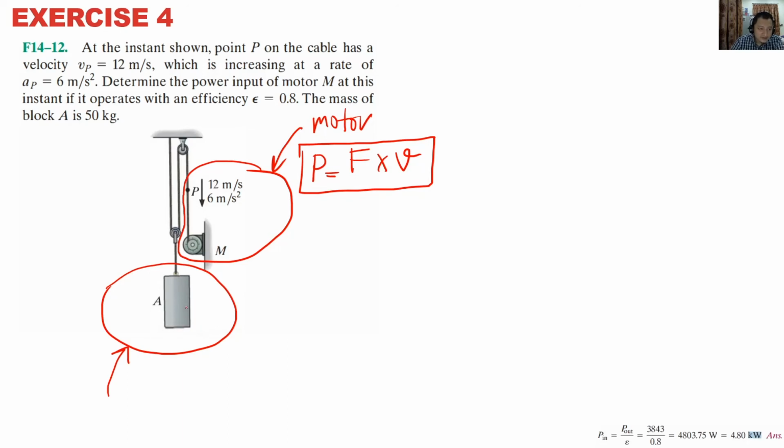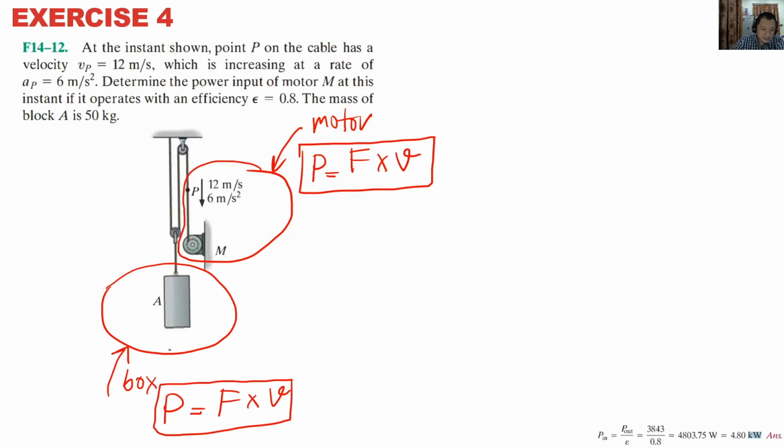If you want to solve at the box, which is the load being moved, let's call it the box, then power is taken from force times velocity of the box.